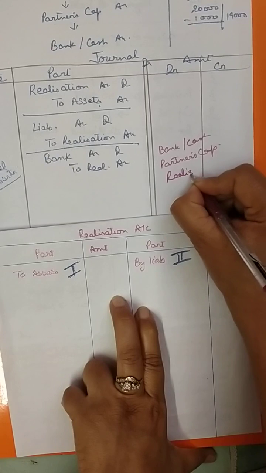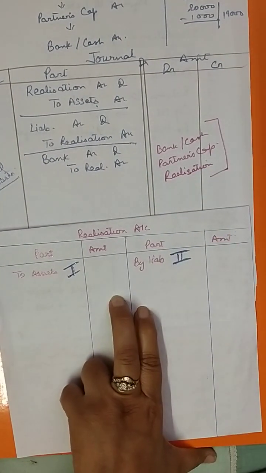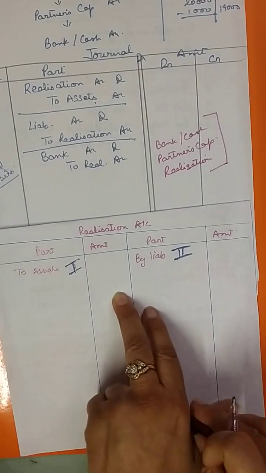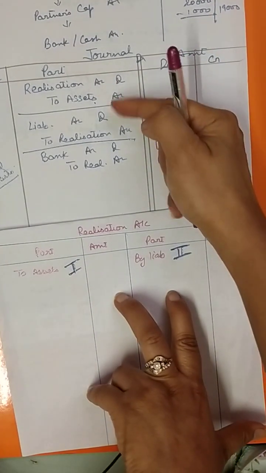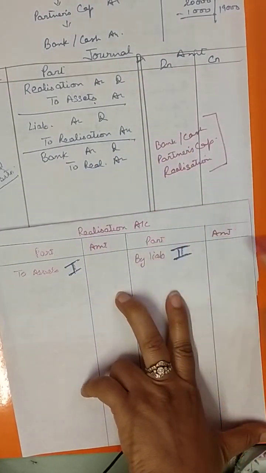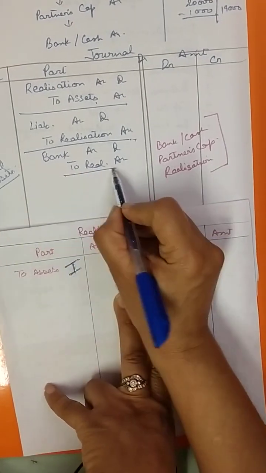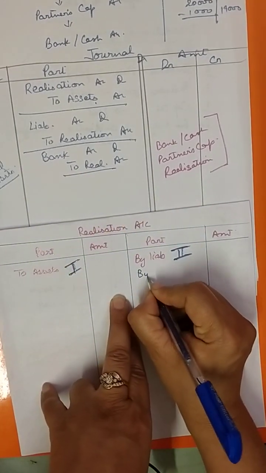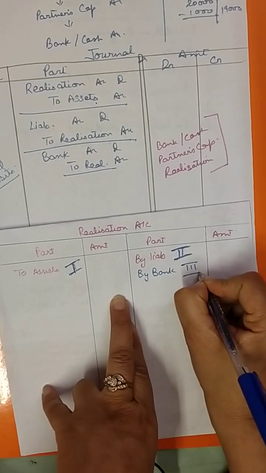Only these things will be there in all the entries because you have closed all assets and liabilities. So whenever you are framing any journal entry after these steps, the following steps will have only these accounts if it has to be right. So bank to realization, so whenever you sell you will write 'by bank'. This is your step number 3.